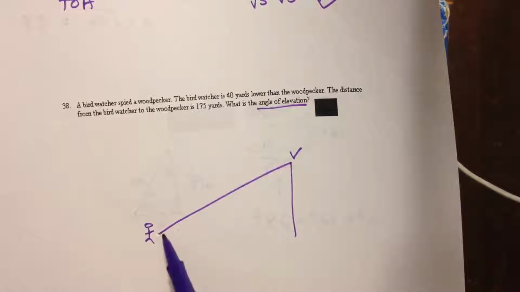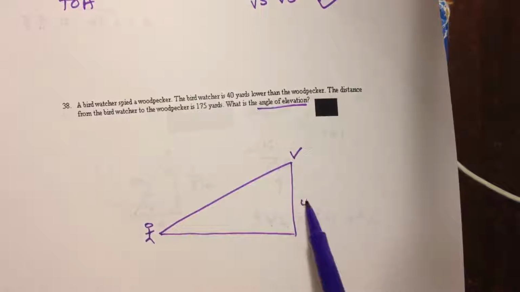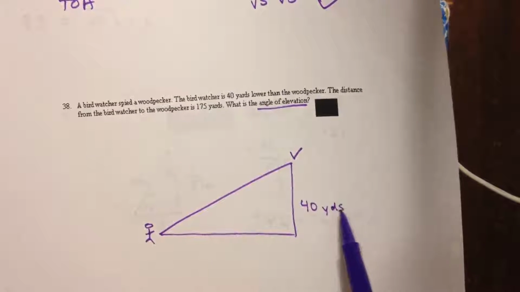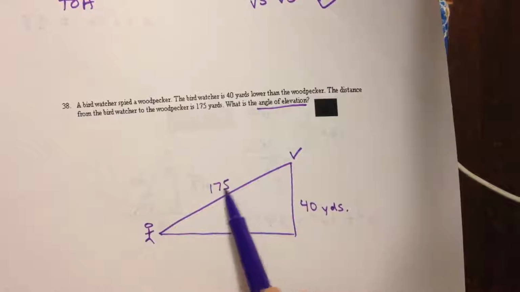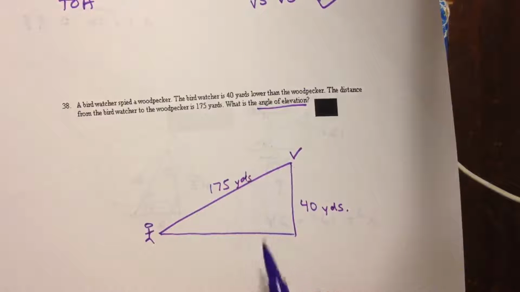So basically, that's 40 yards. And then it says the distance from the bird watcher to the woodpecker is 175. And then it says, what is the angle of elevation? Asking for that angle right there.